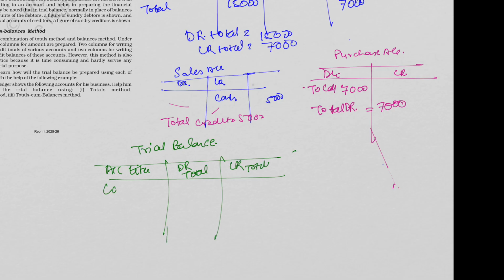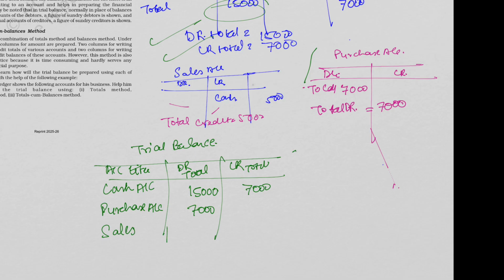First of all, we have cash account. Cash account debit total is 15,000 and credit total is 7,000. Purchases account is 7,000. Sales account is 7,000. So we'll total the columns. The debit column total is 22,000 and credit column total is 12,000.